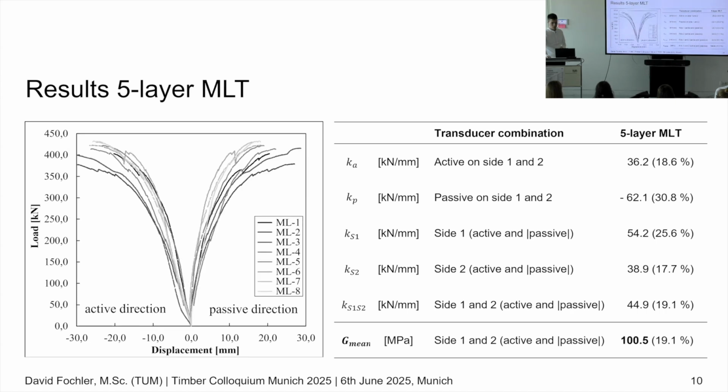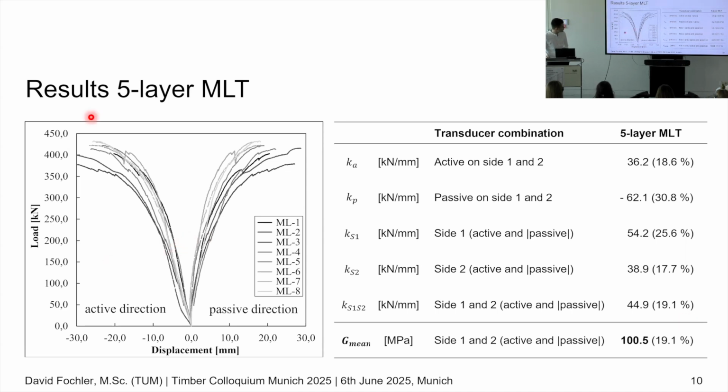And then the last one, the results of the mechanically laminated timber. These tests worked out well, and in all specimens the typical torsion failure of the joints occurred because they were only jointed with nails. But during these tests, the displacement in active direction was much higher than in passive direction.